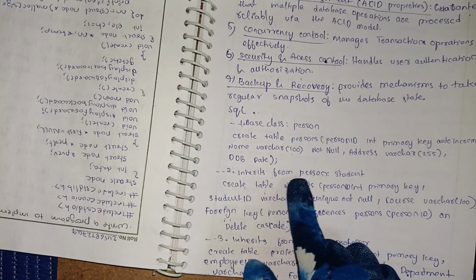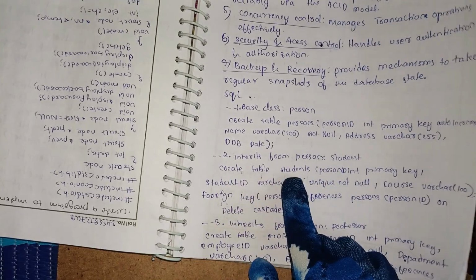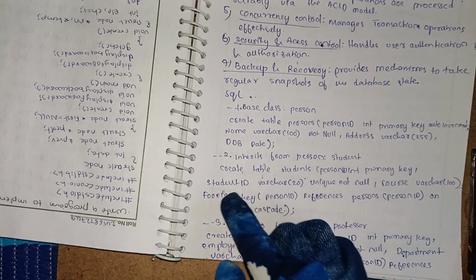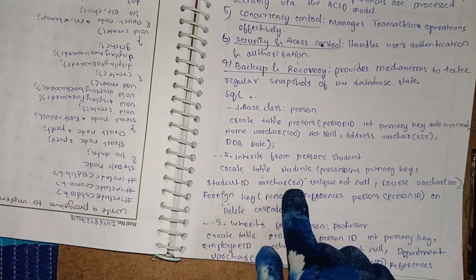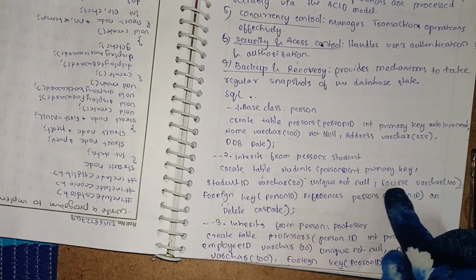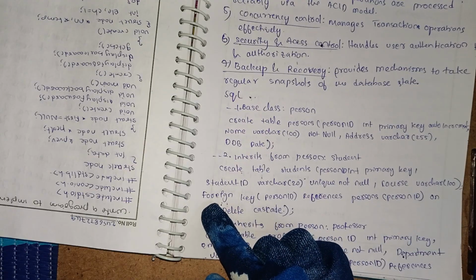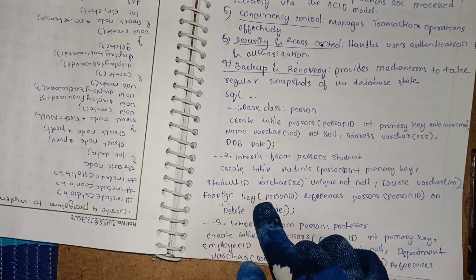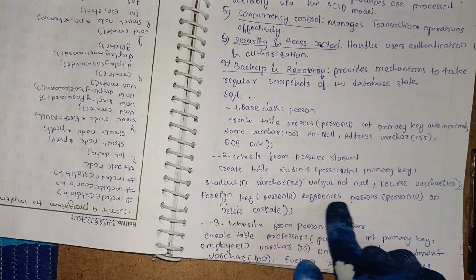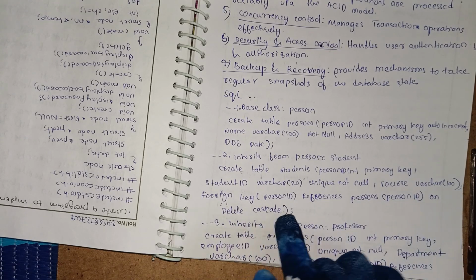And then inherits from person, this student table. Create table, table name is student, and person ID int primary key, and student ID varchar of 20, unique not null, and course varchar of 100. And foreign key person ID references person of person ID on delete cascade.